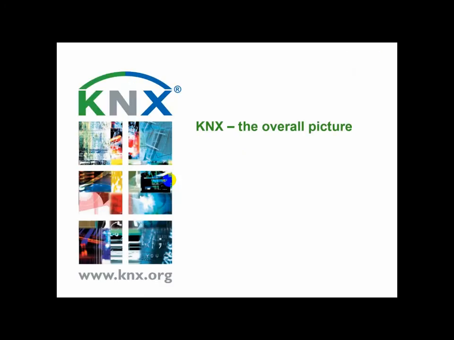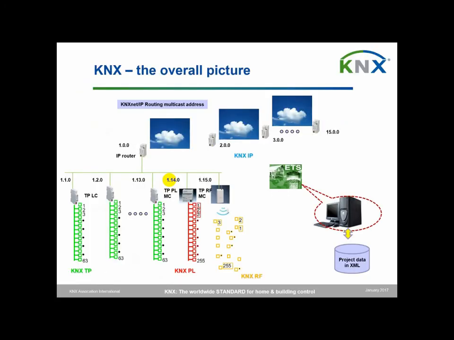Okay, so KNX, the overall picture. Here we see where it all started, with KNX twisted pair. Later on, KNX powerline was added, and in order to combine KNX TP with powerline, a so-called media coupler was introduced. The same then happened for RF, which is one of the latest developments in KNX, the KNX RF communication medium.